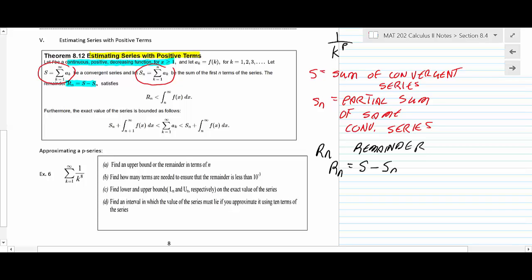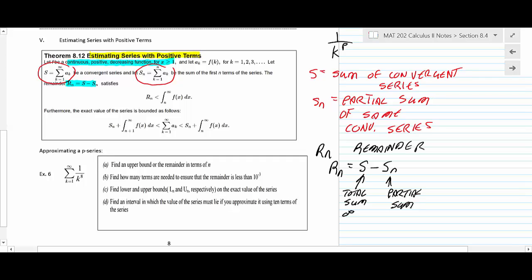Actually, it's real simple. S is the total sum, the sum of the series all the way out to infinity, whereas S of n is some sort of partial sum. So the remainder is just what's left over.